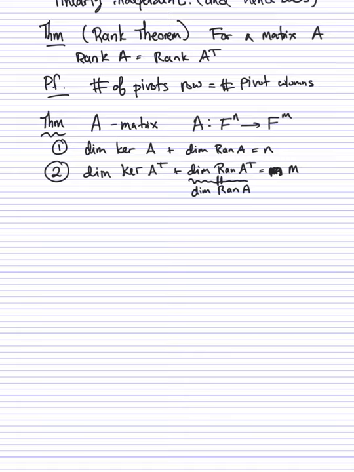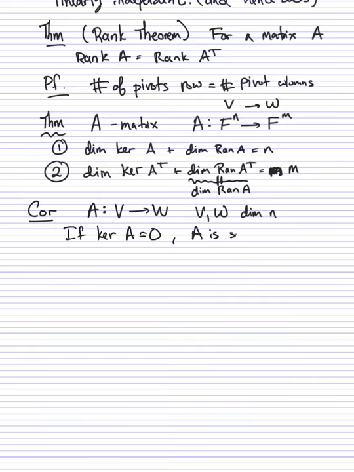We've done a lot of work to get this theorem, so I want to give some applications of it. Let me give you a corollary, which says that if n is equal to m, so if A goes from V to W, the same exact thing works in general for any two vector spaces, V and W of the same dimension, and if the kernel of A is 0, then A is surjective.